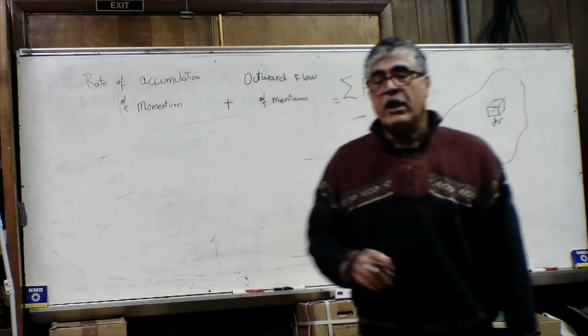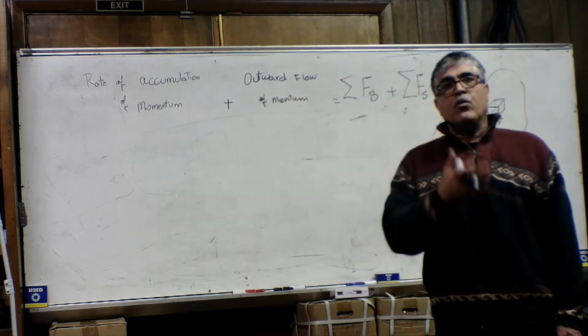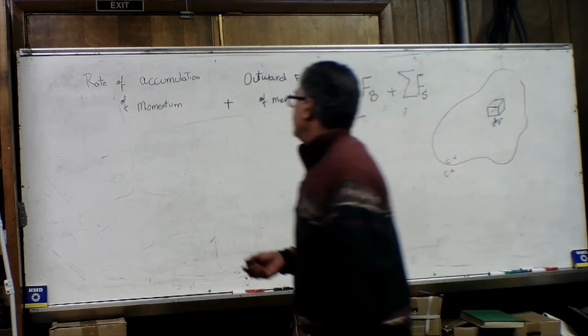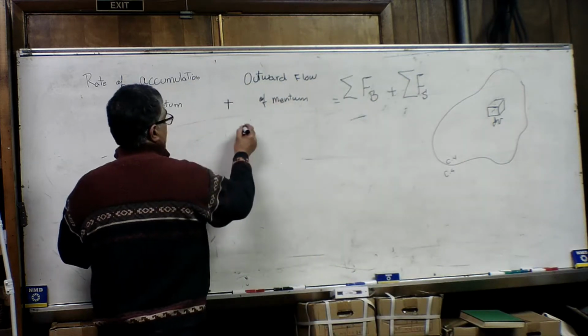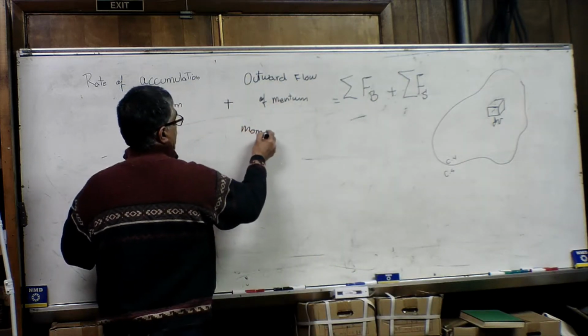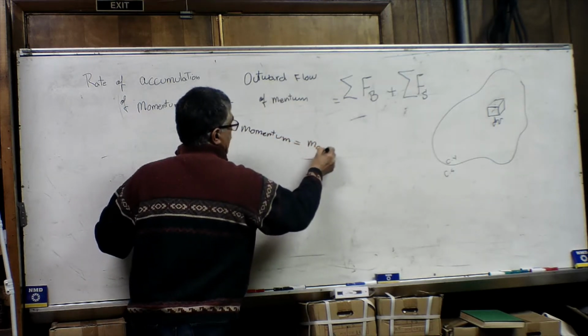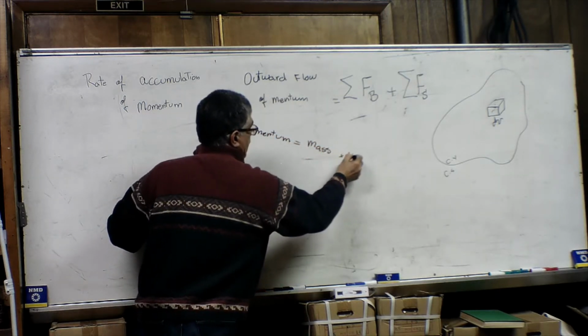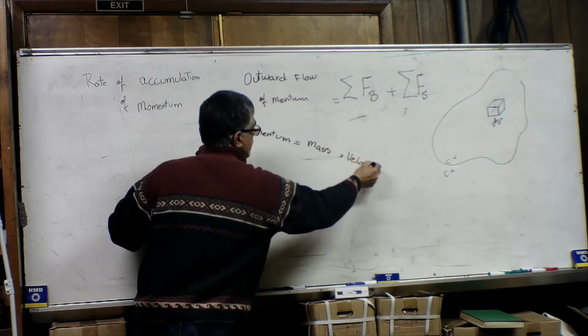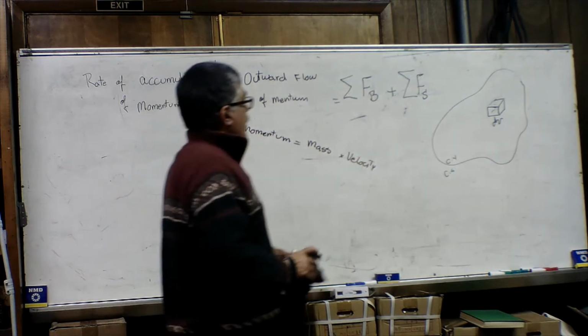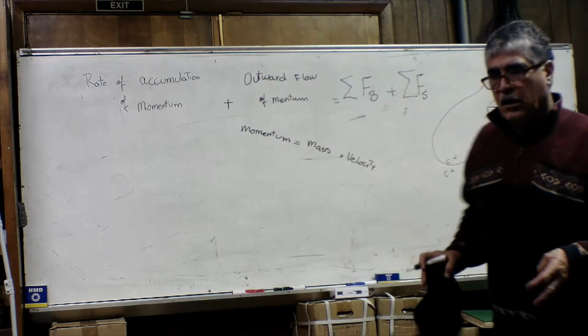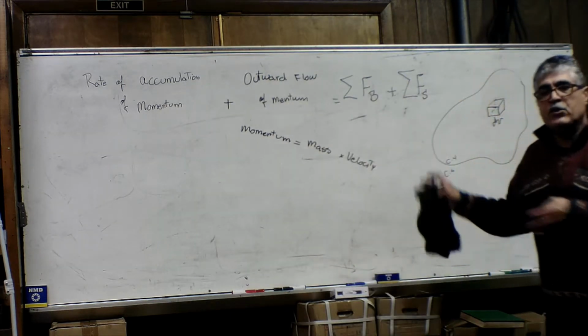Momentum, by definition, is mass multiplied by velocity.